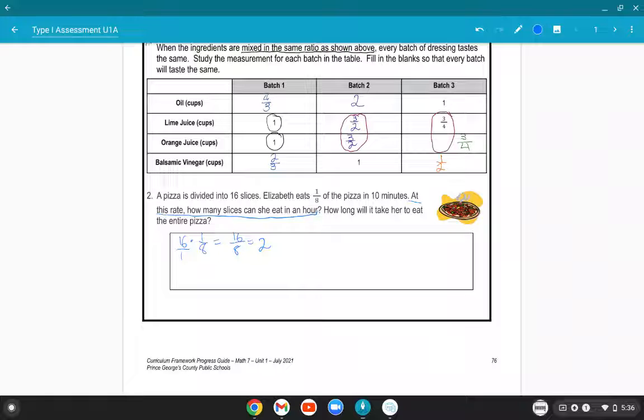Okay, now we want to know. And I'm going to put 2 slices. So since we have 2 slices for every 10 minutes, we want to know how many slices she can eat in an hour. Understand there's 60 minutes in 1 hour.